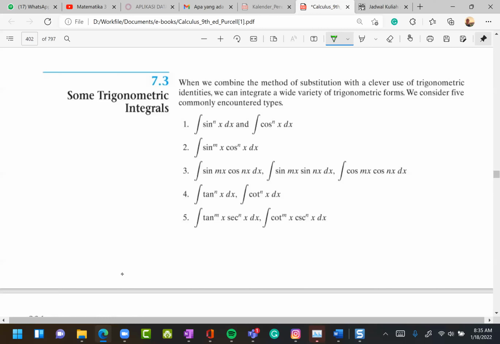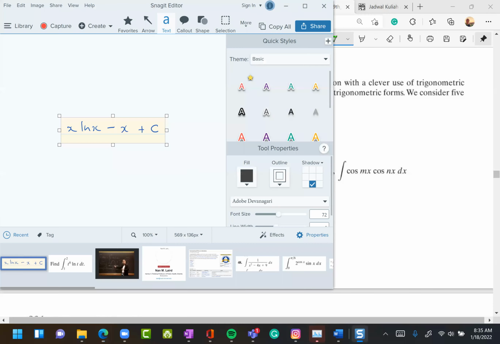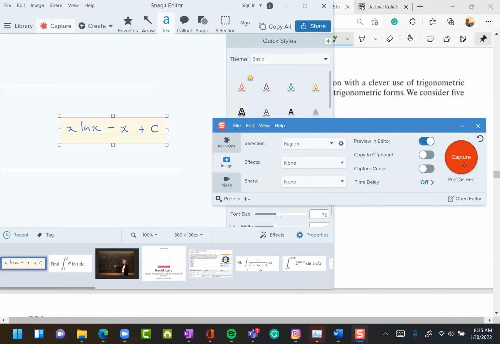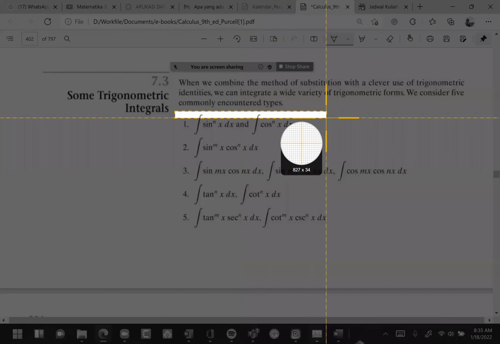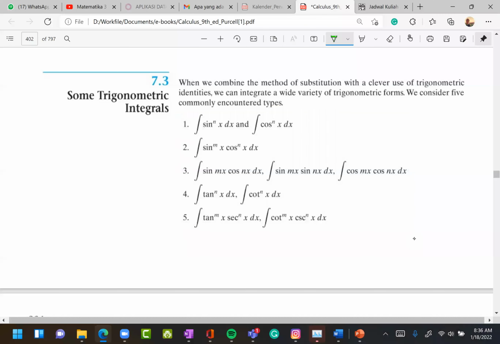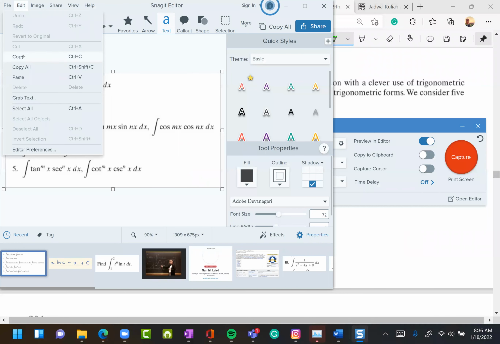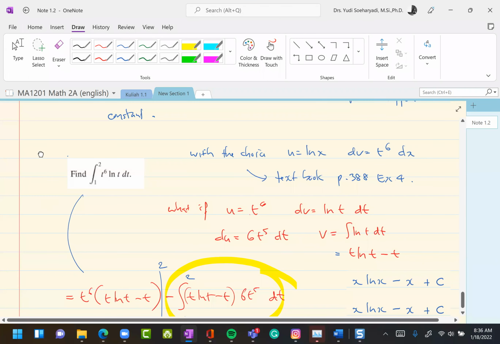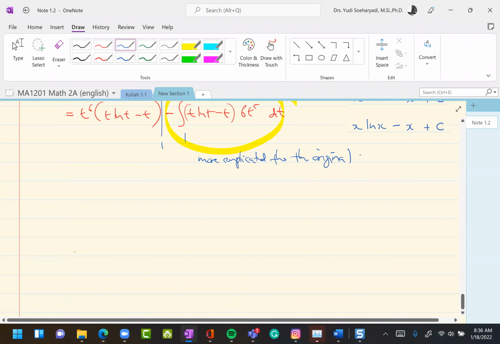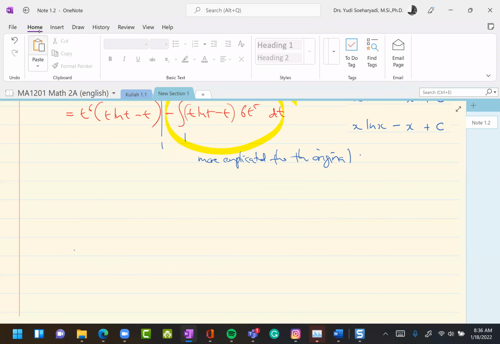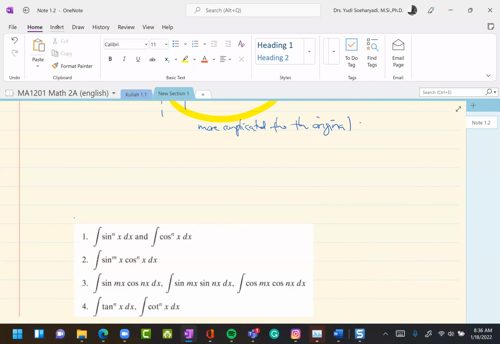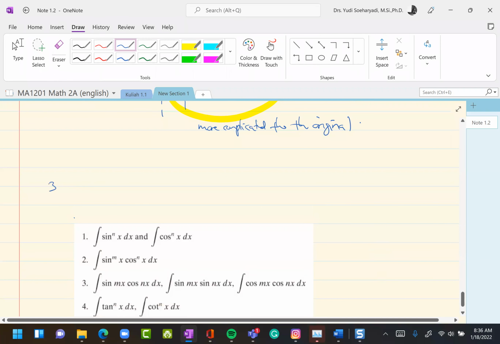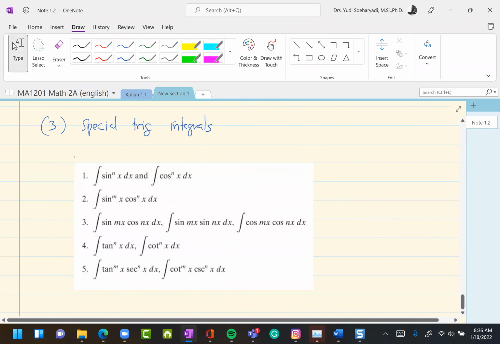All right, so you see this combination, sine, cosine, tangent, secant, cotangent, cosecant. So the standard form is this one.